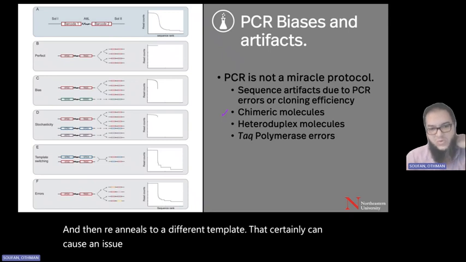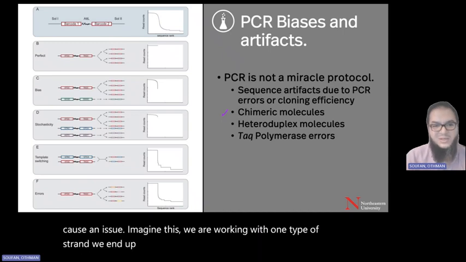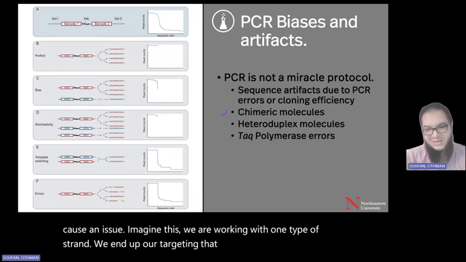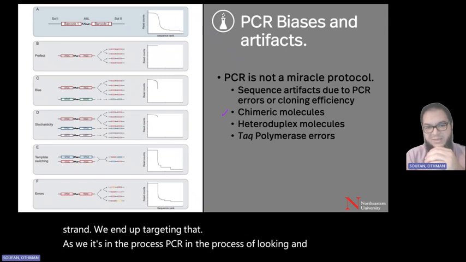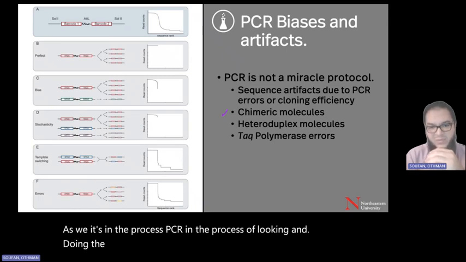Imagine this: we're working with one type of strand, and in the process of PCR doing the synthesis between the primer and the template and so on and so forth.